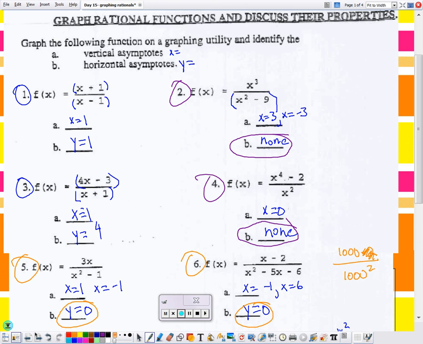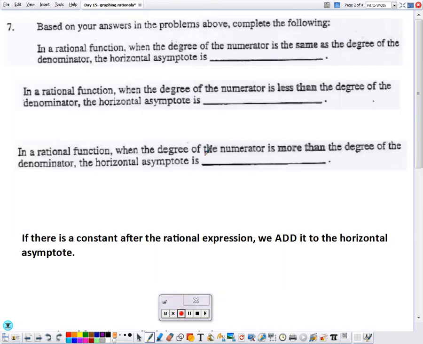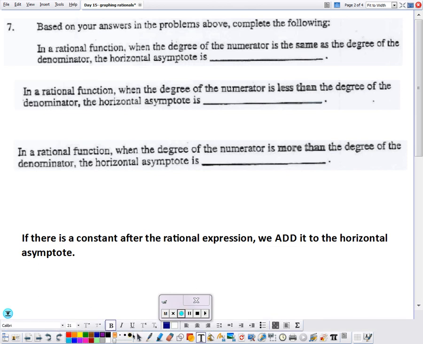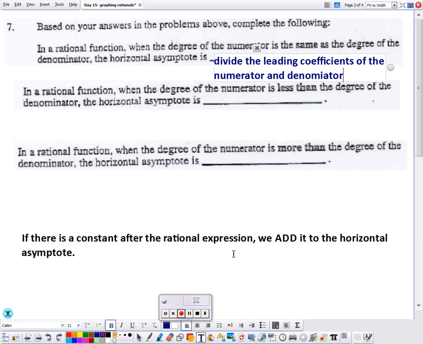So let's summarize. In a rational function, when the degree of the numerator is the same, we are going to divide the leading coefficients of the numerator and denominator.